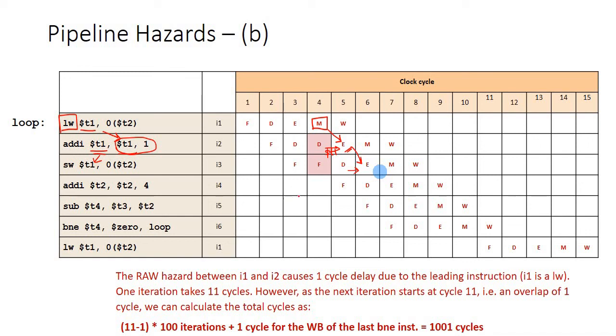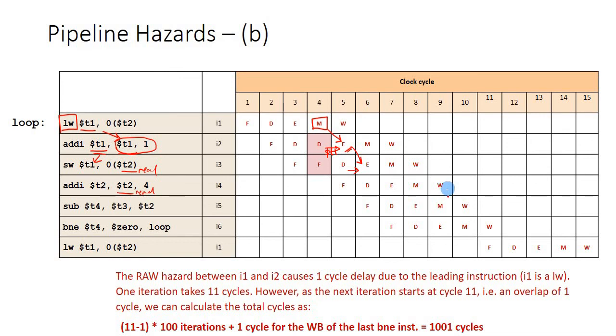And subsequently, if I look at instruction 4, it again has no dependency on instruction 3 because we are doing a read here. Similarly here also we are doing a read. So there is no dependency, so I4 goes smoothly without any stall, and it does not require any forwarding.